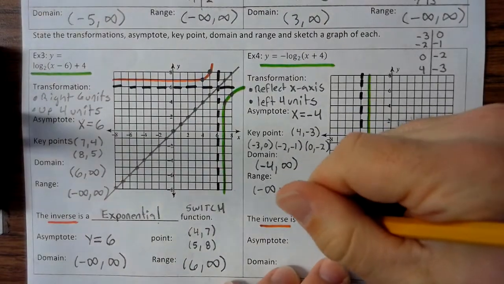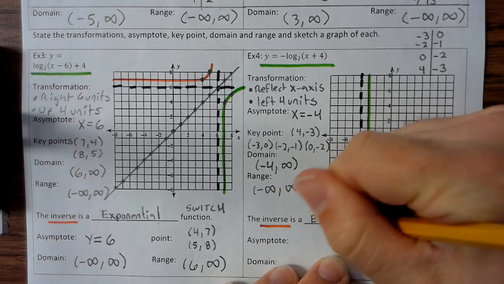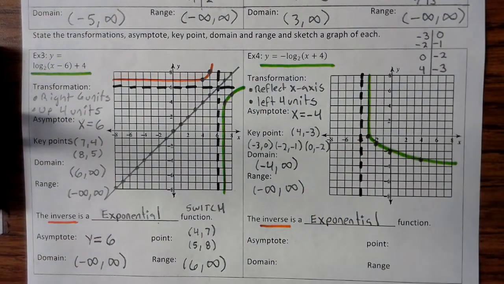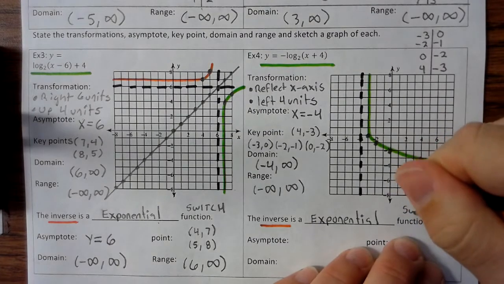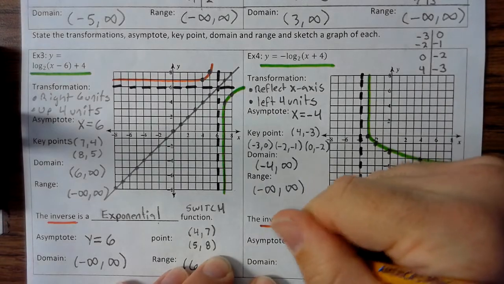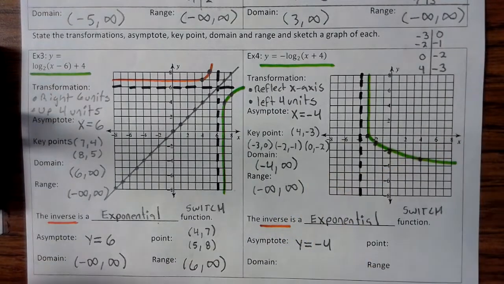Now the inverse is an exponential function. Now the asymptote, remember the key word is switch. So it was x equals -4, now it's y equals -4.